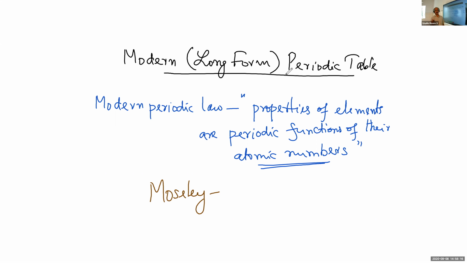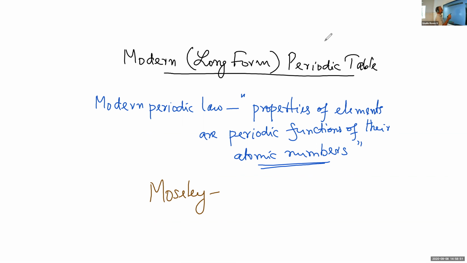He got a straight line, and he concluded that atomic number is the fundamental property of an element, not atomic mass. Based on Moseley's X-ray study, the modern periodic law was developed. So the basis for the modern periodic table is the atomic number of elements.